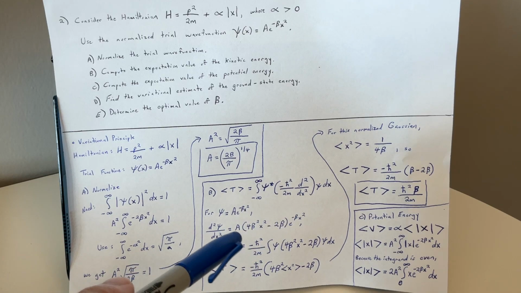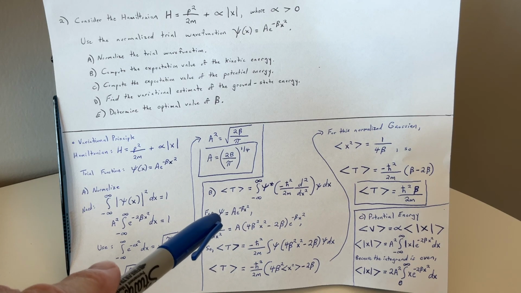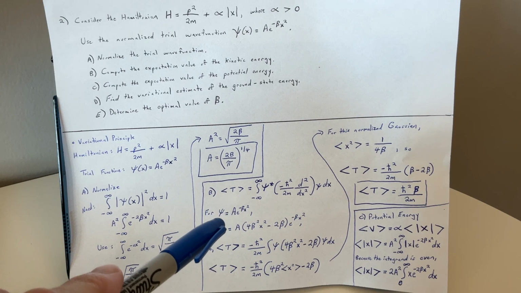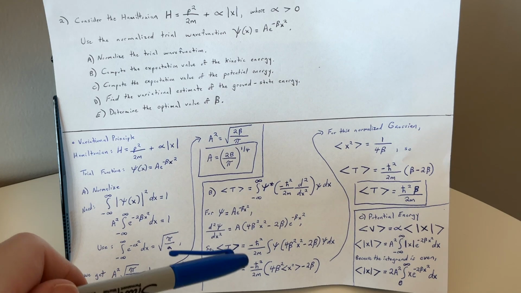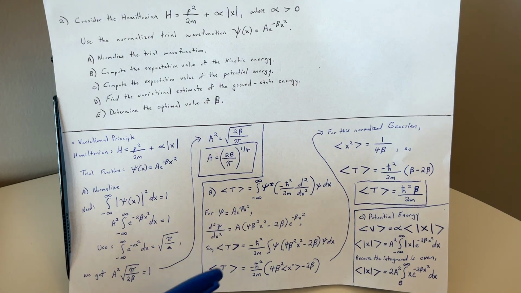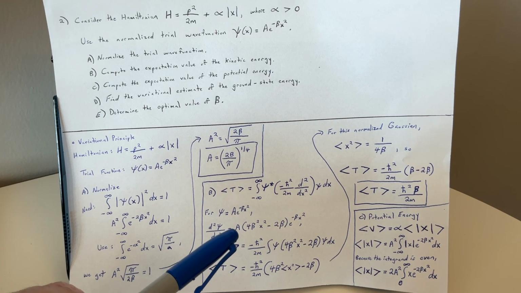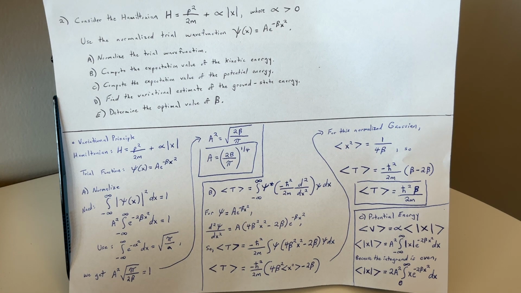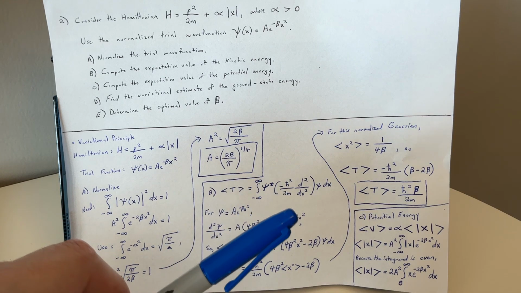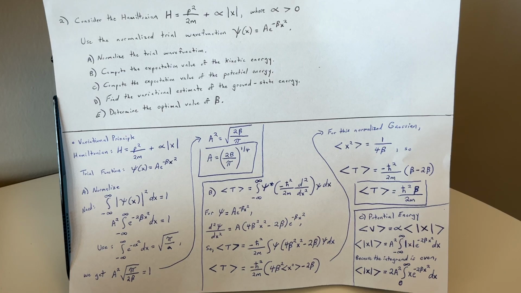Psi equals a e to the negative beta x squared. Taking the second derivative of psi with respect to x, after the first derivative we get the second, and it's going to be a times the quantity 4 beta squared x squared minus 2 beta, times e raised to the negative beta x squared.